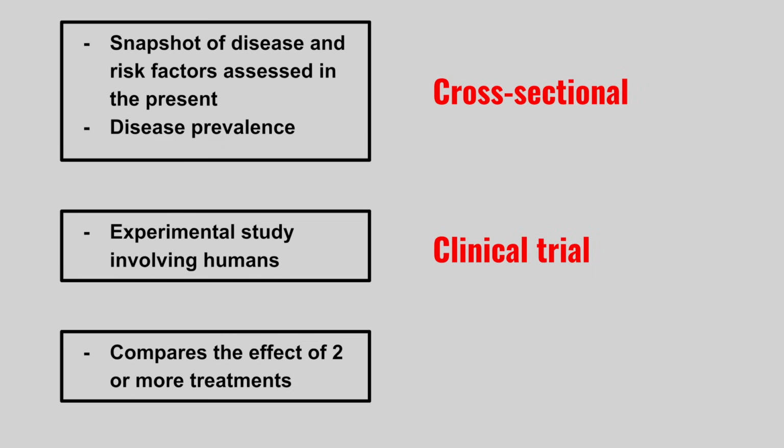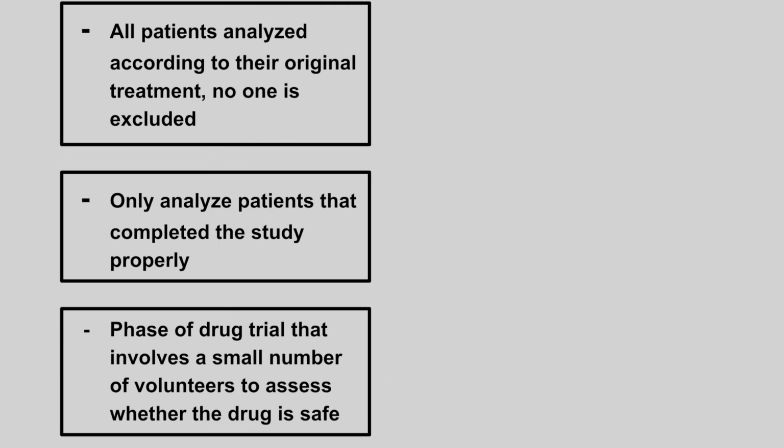Next, a type of study that compares the effect of 2 or more treatments. This is a crossover study, and remember, in this study, there's a washout period between the treatments. Next, it's a type of analysis where all the patients are analyzed according to their original treatment and no one is excluded.